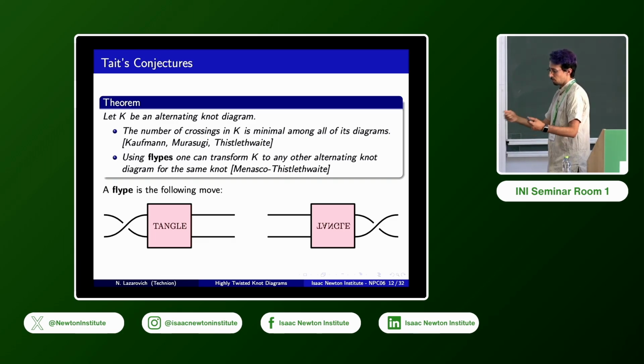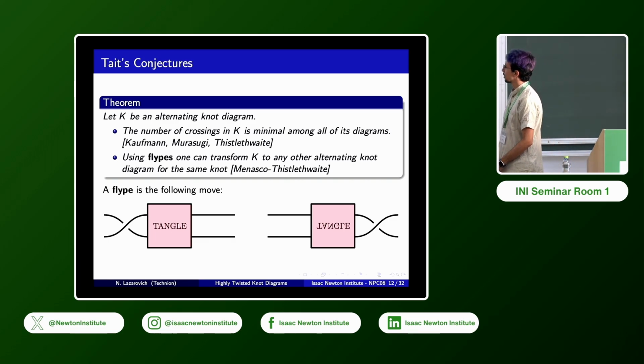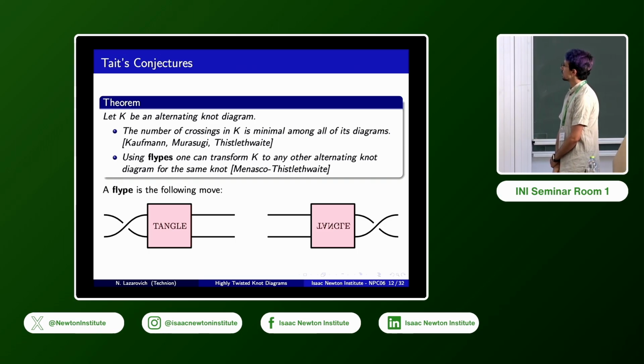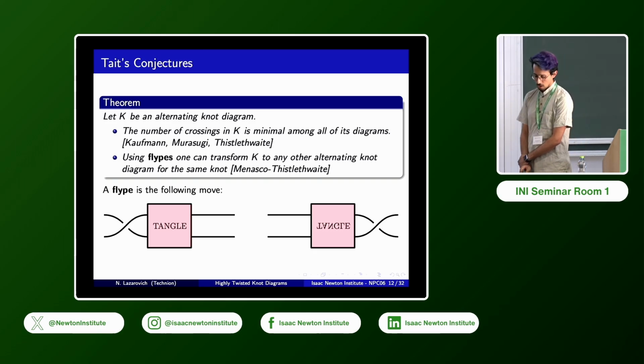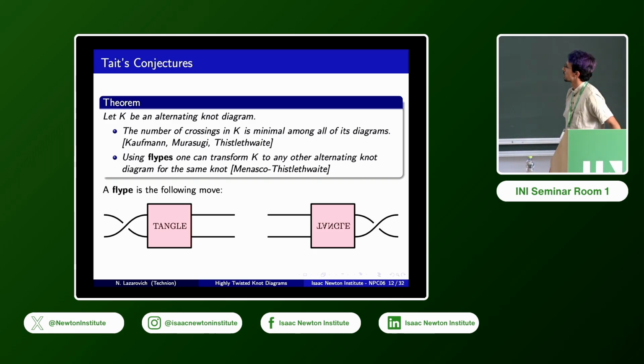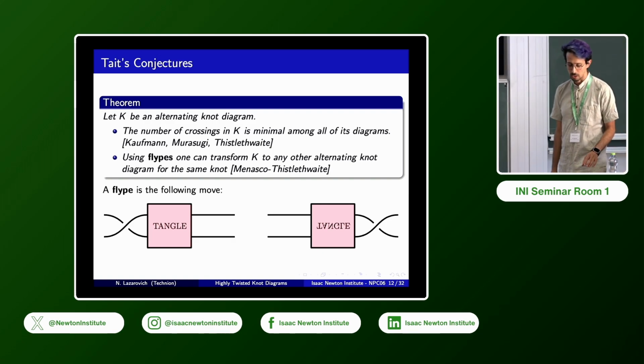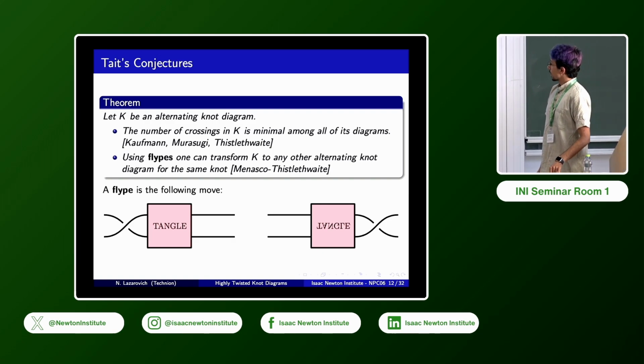A flype is where you take a part of the knot and twist it to move one twist to the other side. So if you're presented with two alternating knot diagrams and you ask yourself whether it's the same knot, you only need to do finitely many flypes to get from one to the other, if they are the same. This is the result of Menasco and Thistlethwaite, the solution of the third Tait conjecture. Any questions about alternating knots?